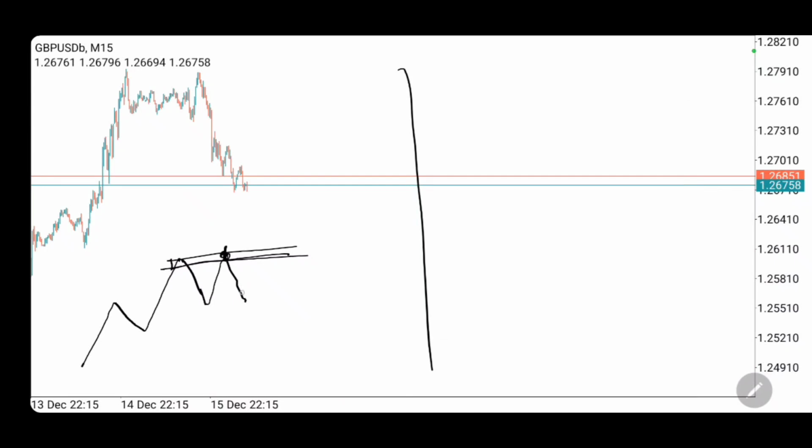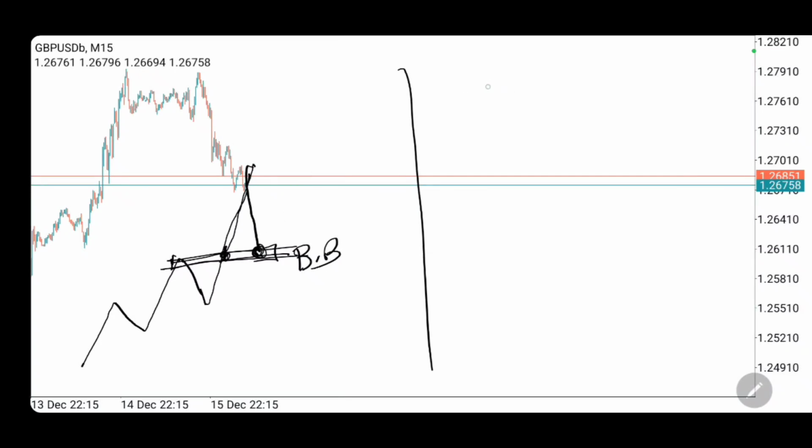But now price just buys above that zone that could have been bought from. And now what happens? Price comes back to buy from the failed zone. This is called your breaker block. When price comes back to mitigate a failed demand or supply zone, it's called the breaker block. Price now buys from this.